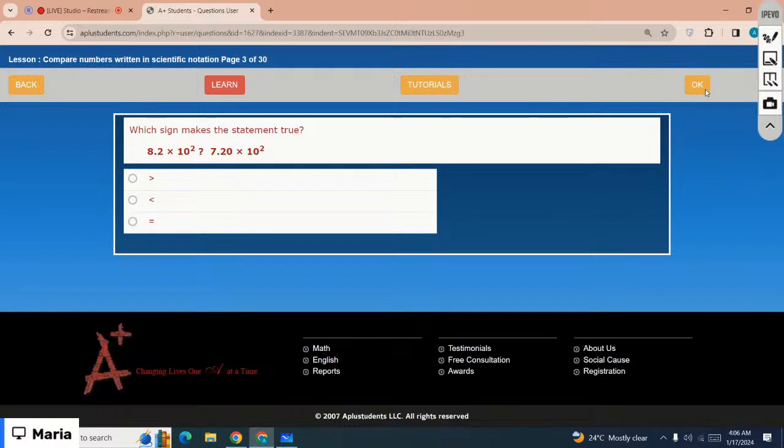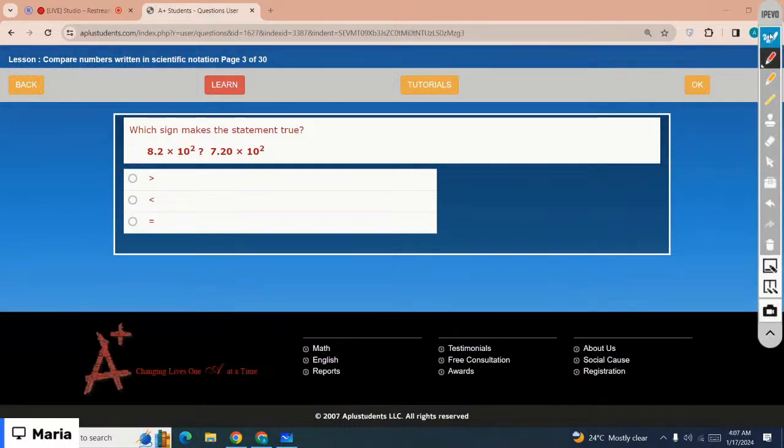Okay, the next one is 8.2 times 10 exponent 2, and you have to compare it to 7.2 times 10 exponent 2. So which is the correct option? Start by comparing their exponents. Here you have 10 exponent 2, here you have 10 exponent 2.